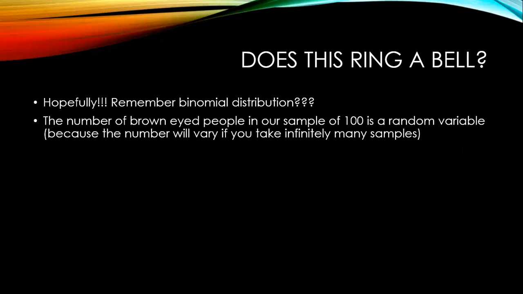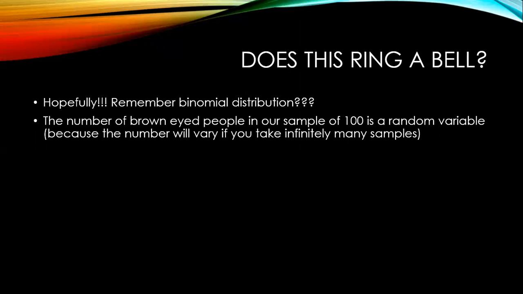It's a random variable because if you took infinitely many samples, so you got this town with, let's say, 50,000 people, and you ran a computer program which took infinitely many samples of 100 out of your 50,000 people, the number of brown-eyed people in each one of those samples is going to be different, isn't it?